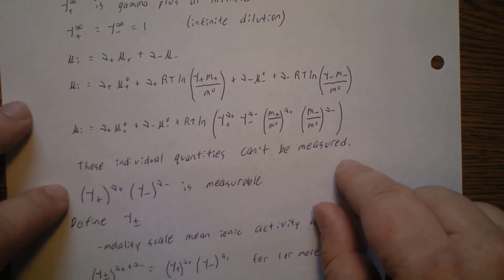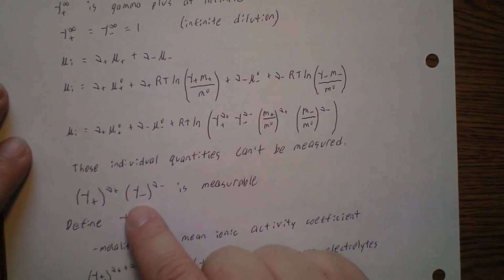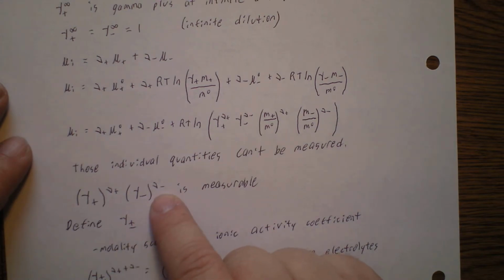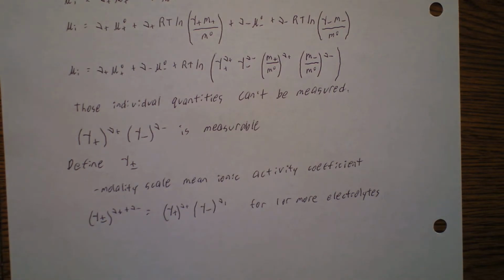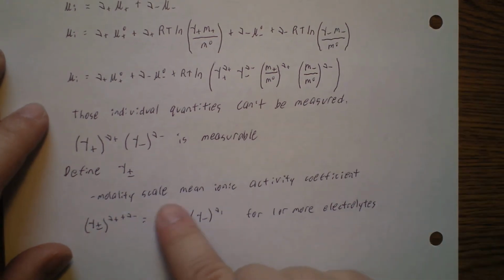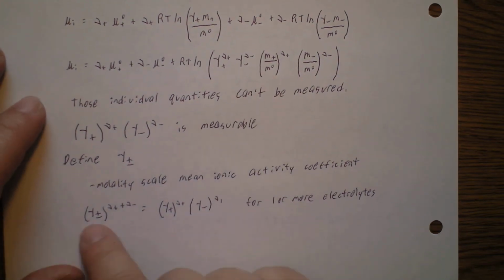Now these individual quantities can't be measured, but gamma plus to the nu plus times gamma minus to the nu minus is measurable. So we're going to define an activity coefficient for plus or minus. This will be the molality scale mean ionic activity coefficient.